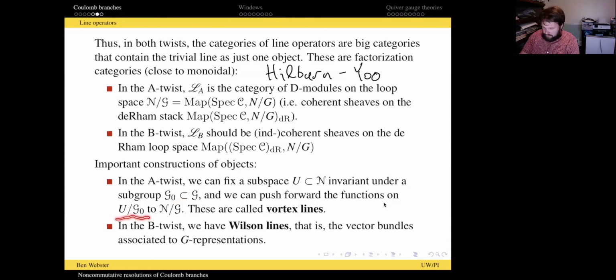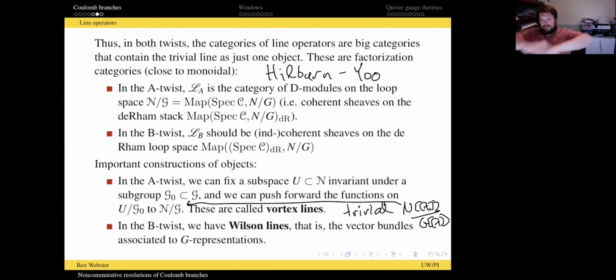Then we can push forward from the quotient of U by the subgroup to this guy. In particular, the trivial line is that I take the Taylor series in N and mod out by the Taylor series in G, and then I look at the pushforward to this quotient, this loop space. So I think about all the ways of extending over a disk, and then I push forward by the map that forgets what happens at the origin.